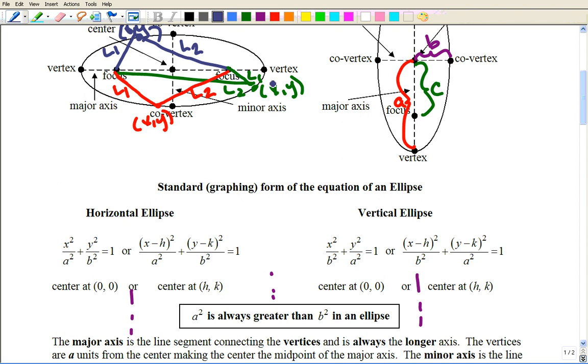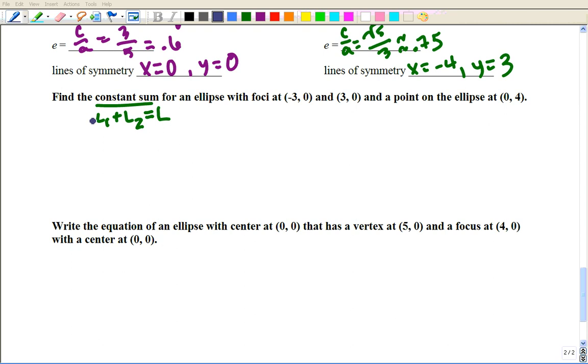So going back to our example, the constant sum, L1 plus L2 equals L. So for an ellipse with foci at -3, 0, and 3, 0, let's just go ahead and draw a picture. So we have the point -3, 0, +3, 0, and a point on the ellipse is at 0, 4.